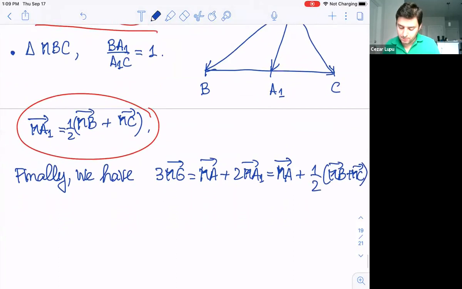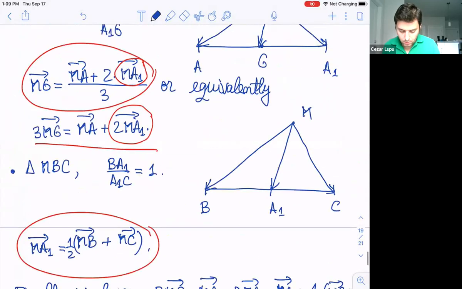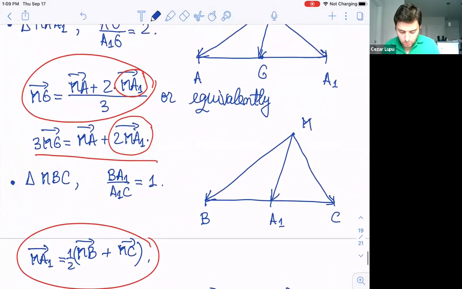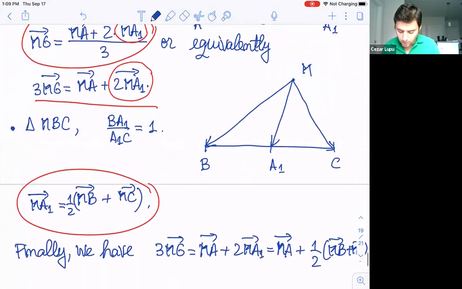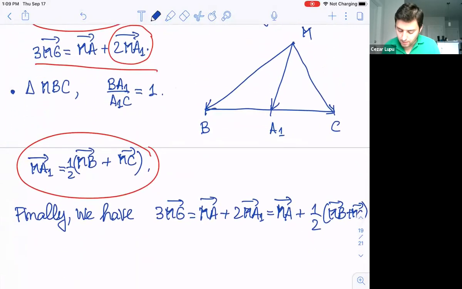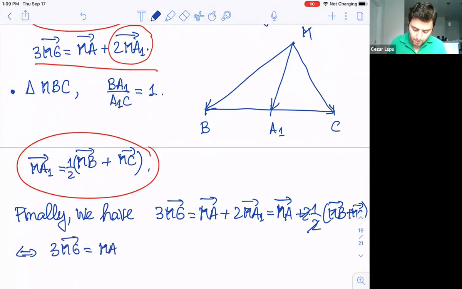Okay, that's beautiful. Wait. Okay, it's 2 times this. Yep, I forgot about the 2, so this is equivalent with 3MG vector is MA vector plus MB vector plus MC vector. And that's what we wanted to prove.